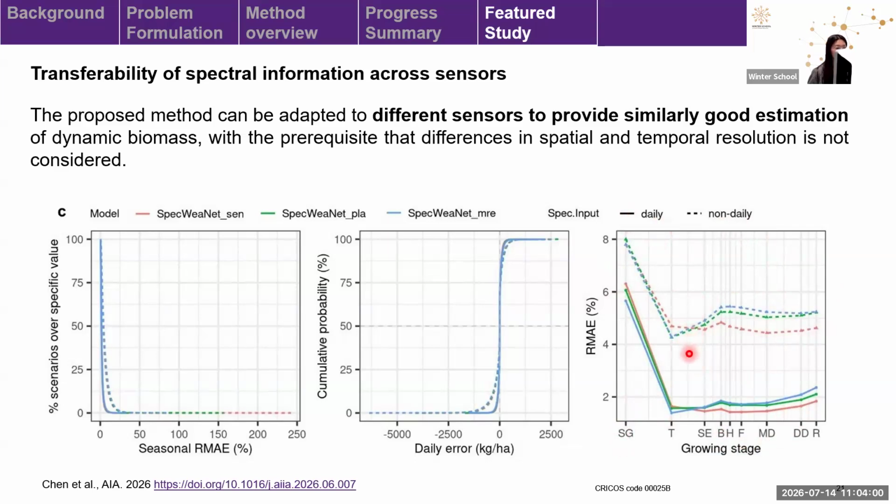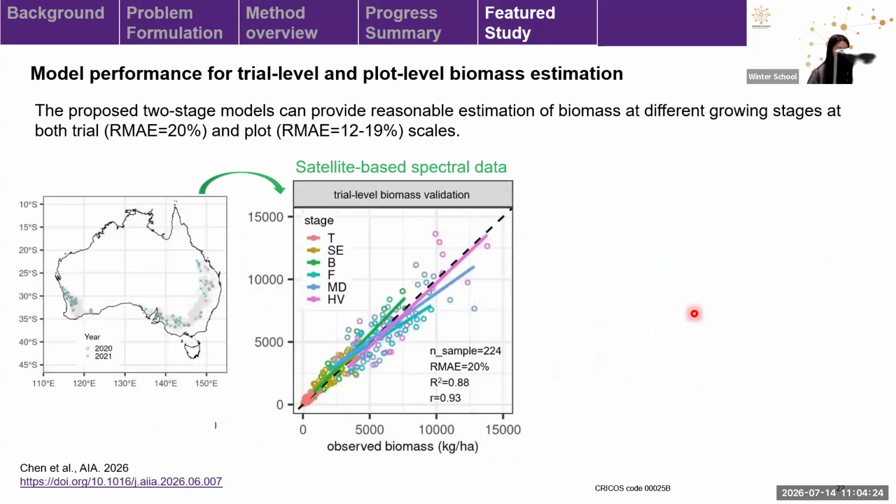But even with the non-daily spectral data as the input, the model performance for the biomass prediction is still relatively high. The RMAE at most crop stages is less than 6% on the simulation data.